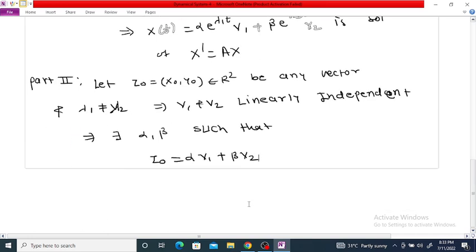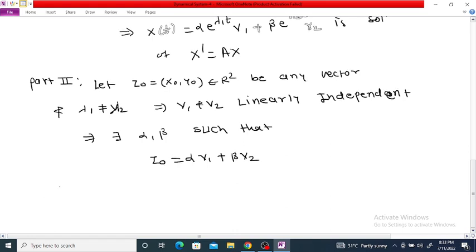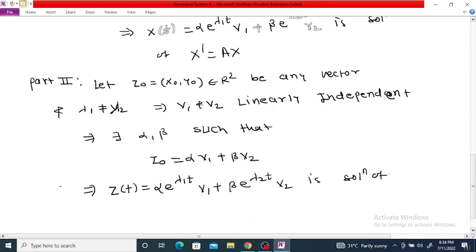And therefore from this we can write z(t) is equal to alpha e raised to lambda 1 t v1 plus beta e raised to lambda 2 t v2 is a solution of x dash is equal to Ax satisfying z(0) is equal to z0.